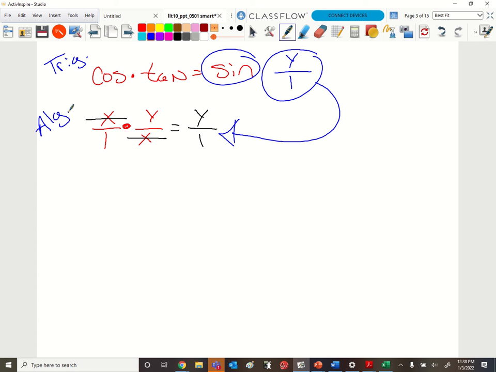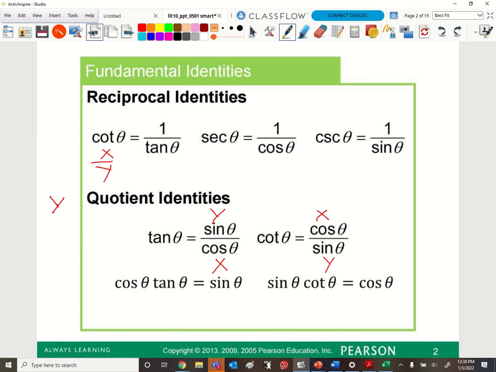Because my answer was y over 1, which translates back to just sine. Does that make sense? Okay, any questions so far? And that's actually the basis of what we're going to be doing for this unit. Now let's go back to the next one.